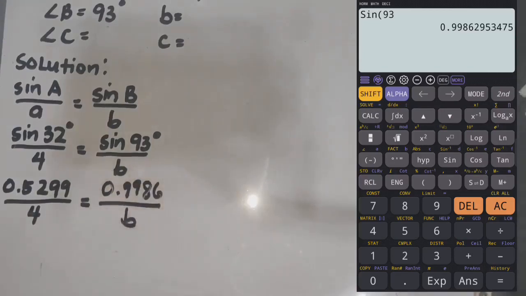Then, dito class, meron kayong option, i-divide yung nasa left side o kaya naman diretso multiplication na kayo. So, dito sa case natin, para mas lumiit pa yung value natin or mas madali, divide muna natin yung 0.5299 divided by 4.